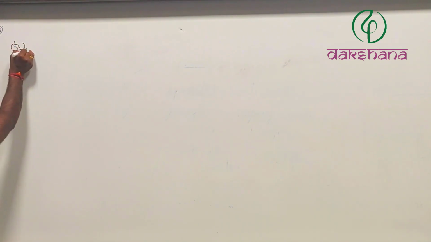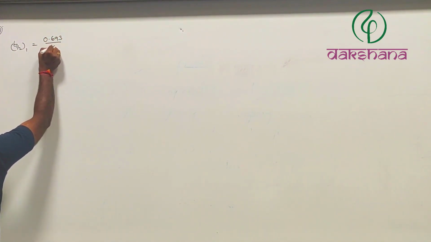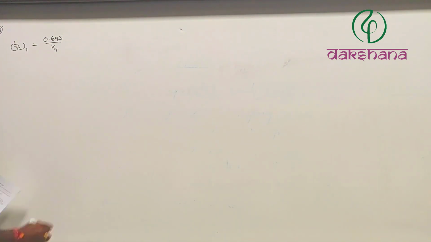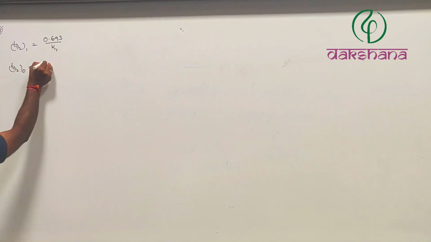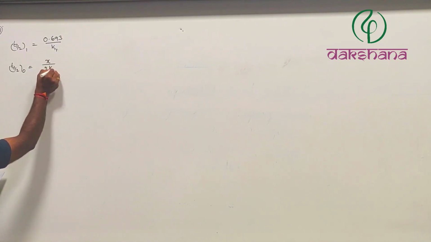Half-life of a first order reaction is equal to 0.693 divided by K, let it be K1. Half-life of a zero order reaction is going to be x divided by 2K naught.